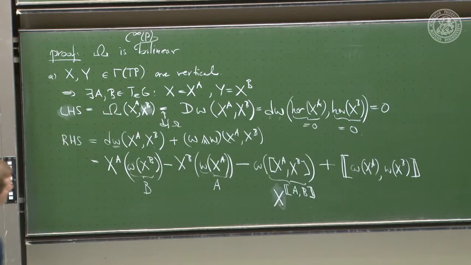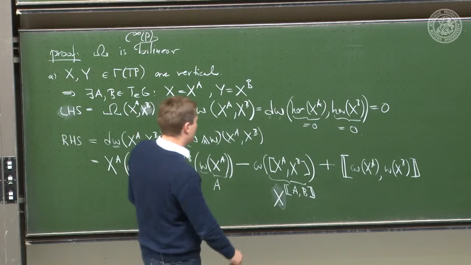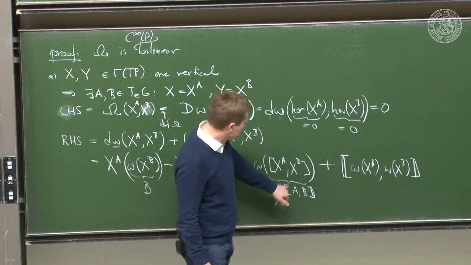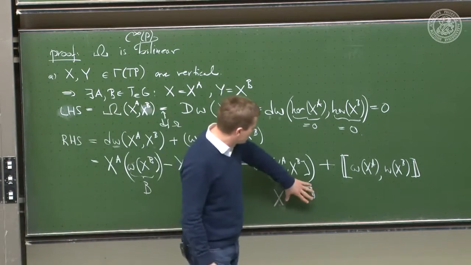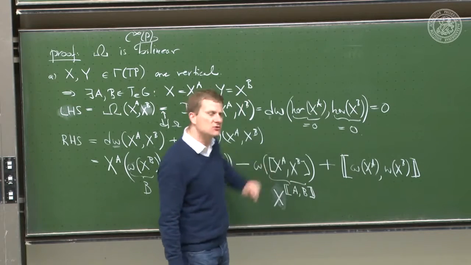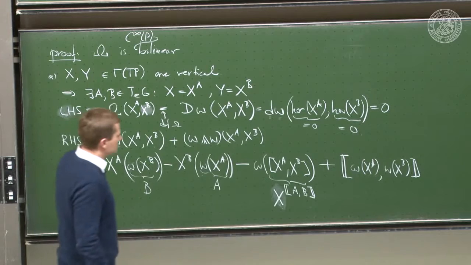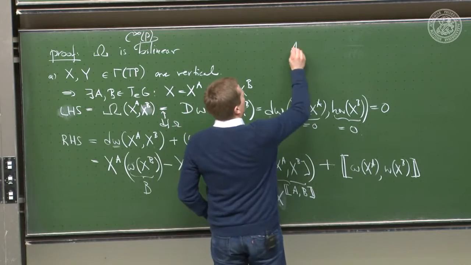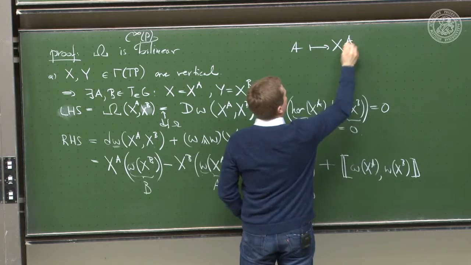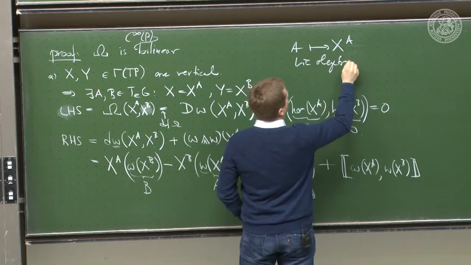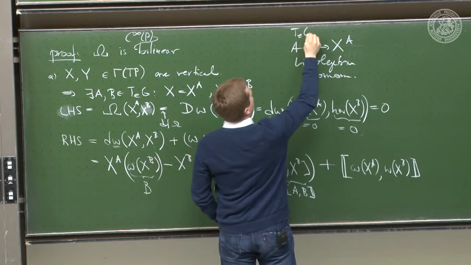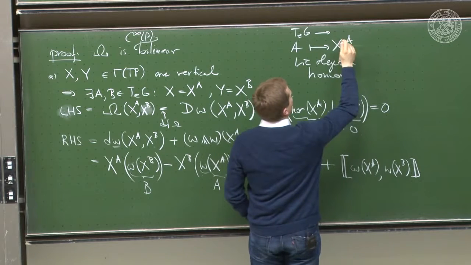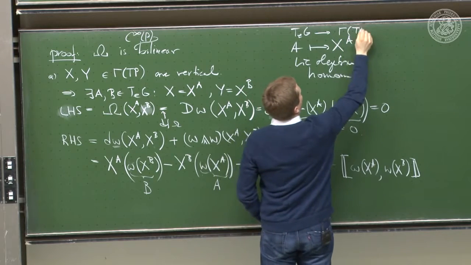because this map is a Lie algebra homomorphism, this X_A sends a Lie algebra element to a Lie algebra element, but the first Lie algebra it comes from is the Lie algebra of the group, and the other one is the Lie algebra of all the vector fields. And so this A sent to X_A is a Lie algebra homomorphism, and so it goes from the Lie algebra of the group to the Lie algebra of all vector fields Gamma of TP.